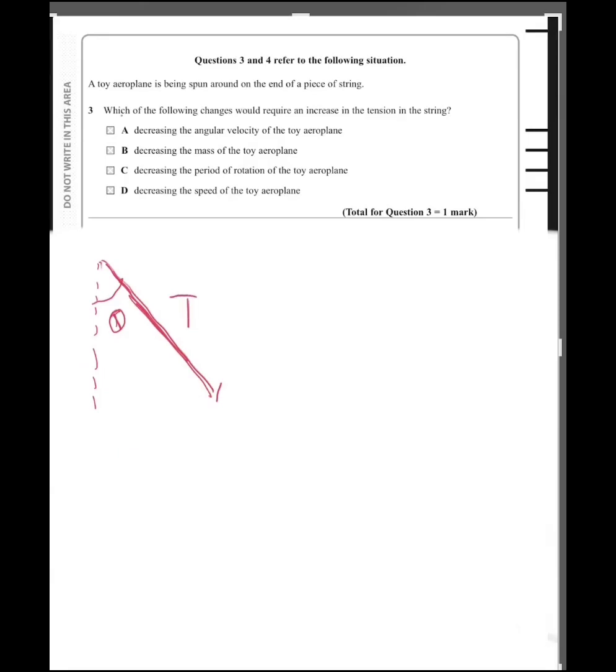The tension is T. So we can write that T sine theta equals mv square by r, since T sine theta gives a horizontal component which is equal to the centripetal force, and T cos theta, which is the vertical component, gives mg, the weight.